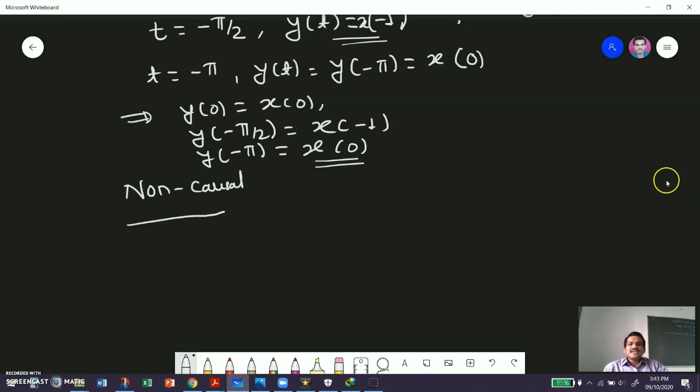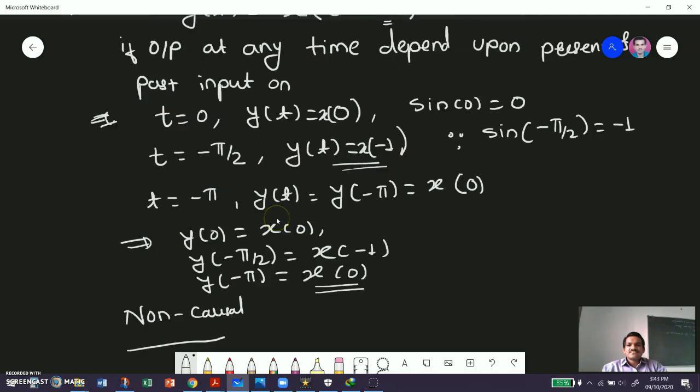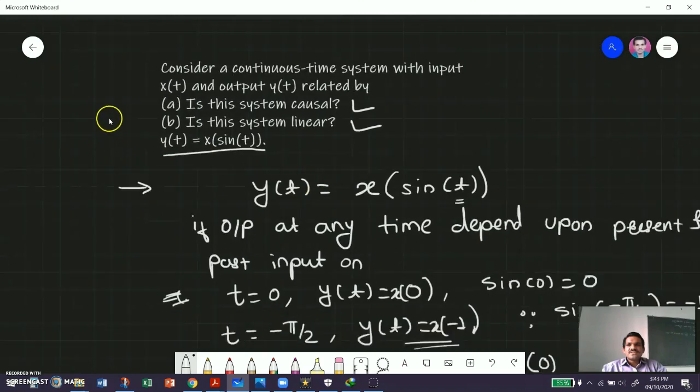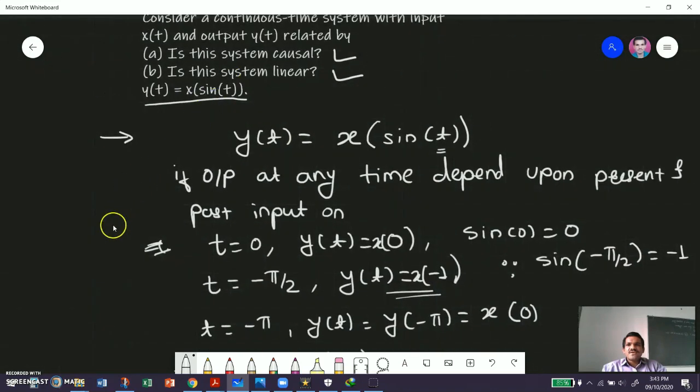What is the second question? They have asked whether the system is linear or not. So we have to check the linearity.